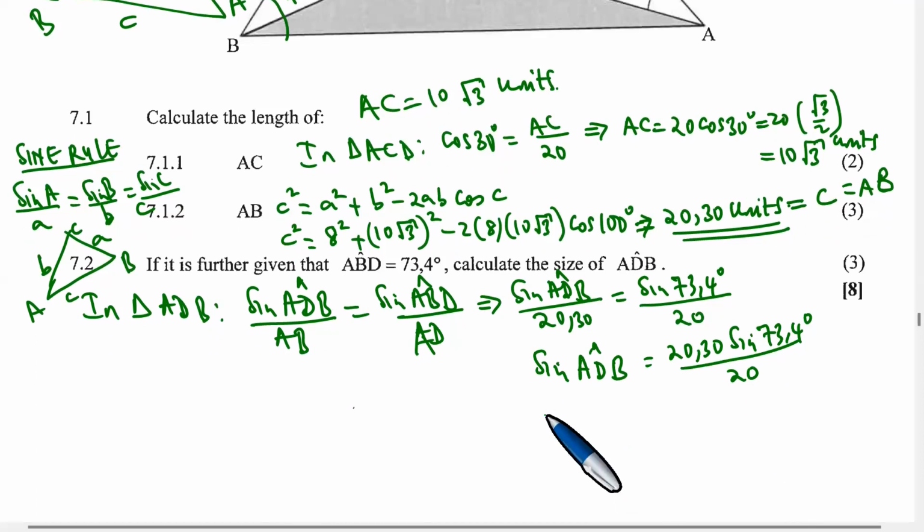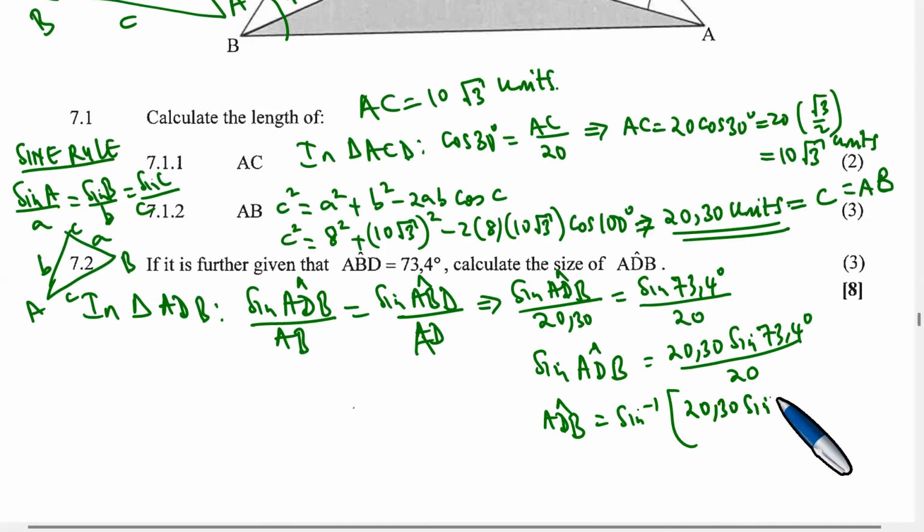And therefore, ADB is the arc sine of 20,30 times the sine of 73,4 degrees divided by 20. You use your calculator to get this one.